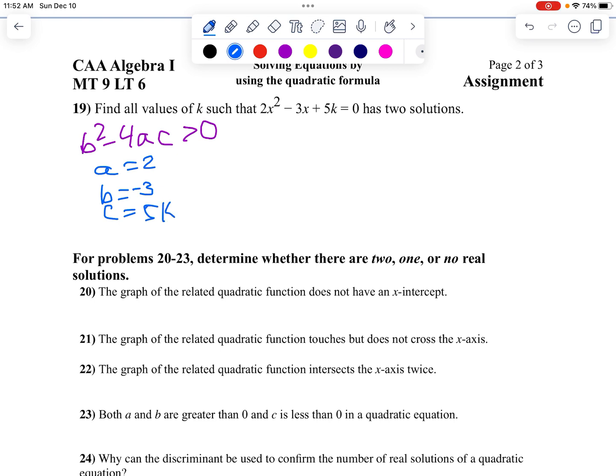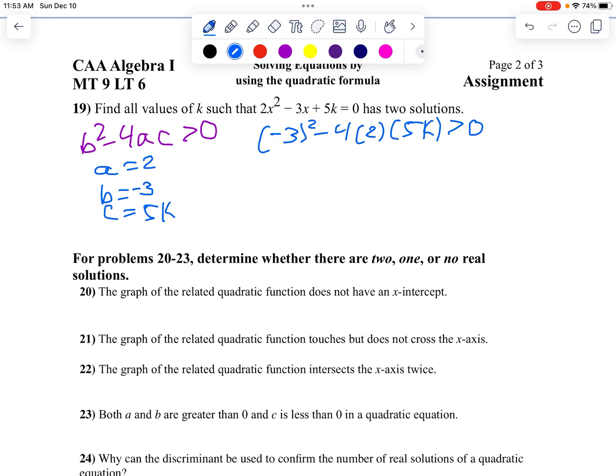So we want to find k, so we're going to go b squared, so negative 3 squared, minus 4, times a, which is 2, times c, which is 5k, must be greater than 0.